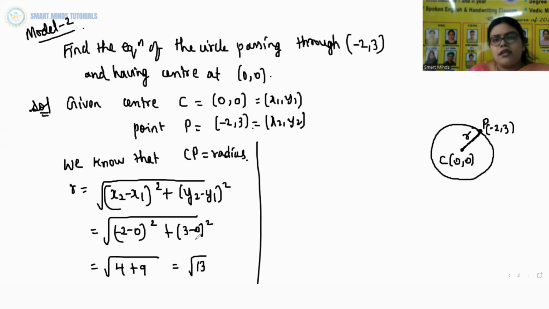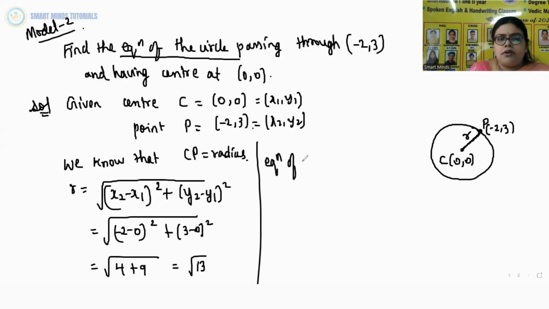But they are not asking us radius. They are asking us the equation of the circle. So what is the equation of the circle with center (0, 0) and radius root 13?